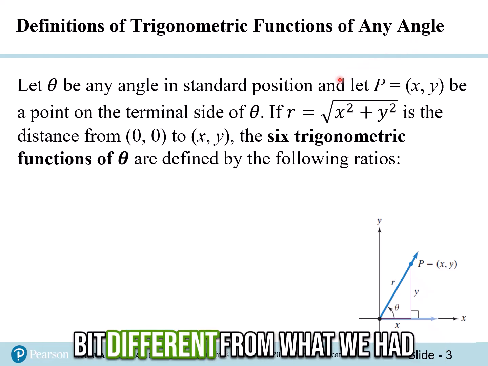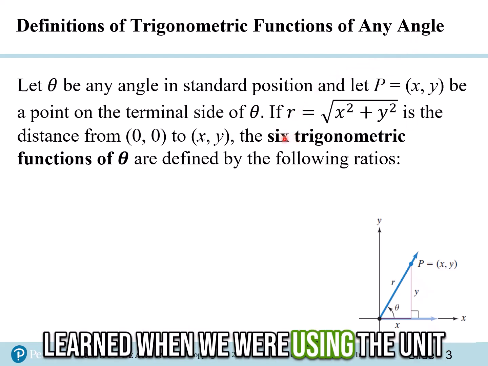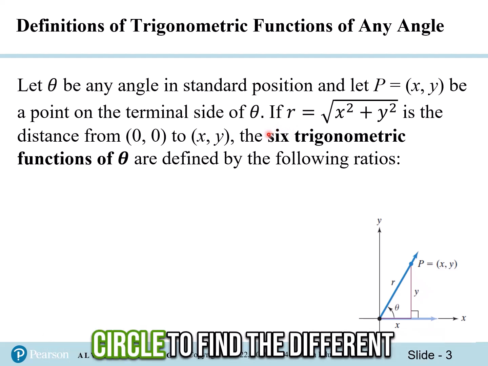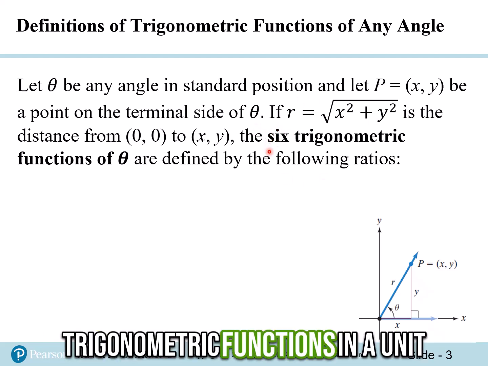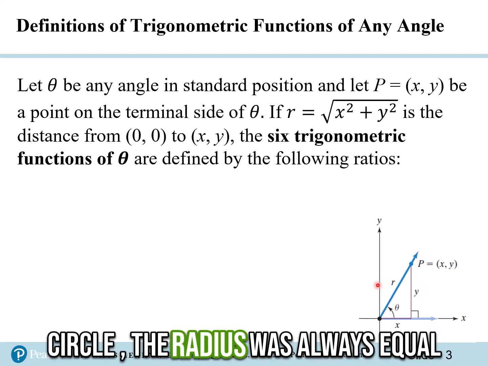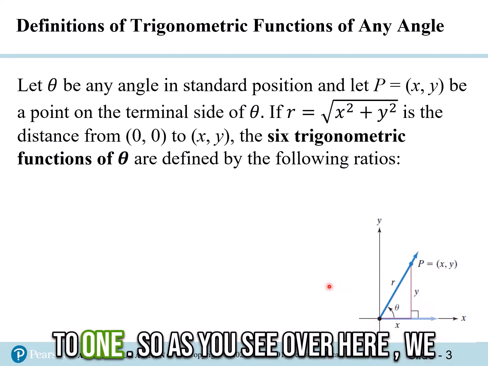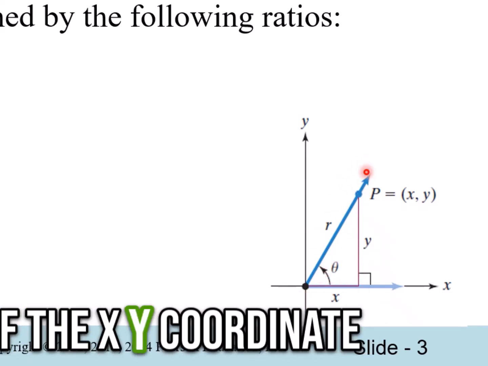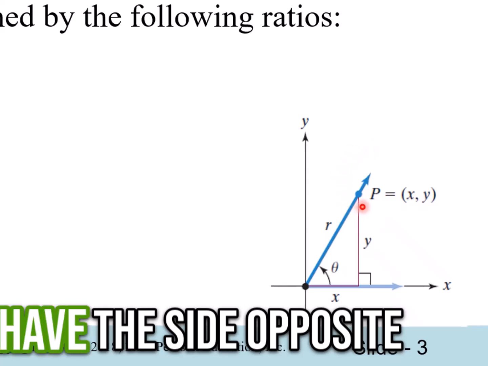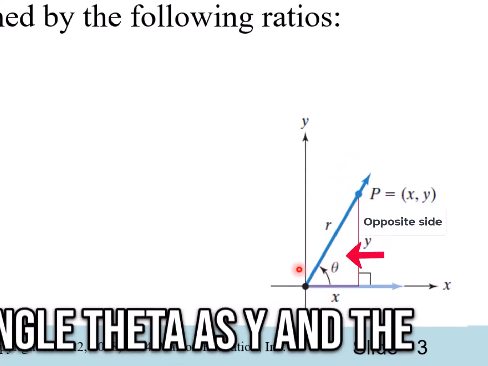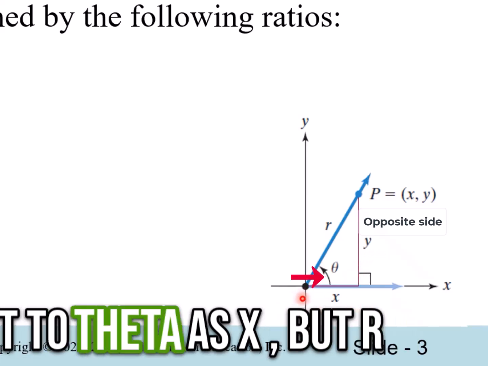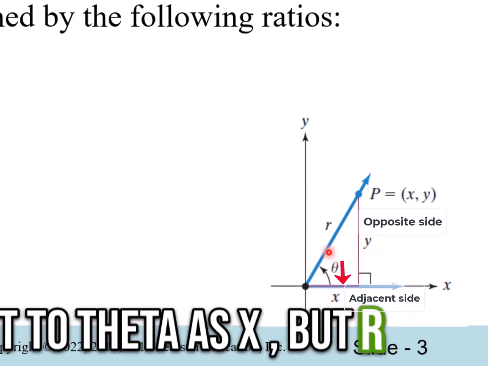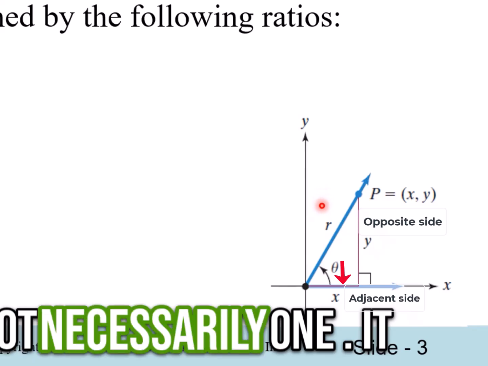Now here we are going to learn about the trigonometric functions for any angle, which will be a little bit different from what we had learned when we were using the unit circle to find the different trigonometric functions. In a unit circle, the radius was always equal to 1. As you see over here, we have a right triangle in the first quadrant of the xy coordinate plane, and we have the side opposite the central angle theta as y and the side adjacent to theta as x, but r this time is not necessarily 1.